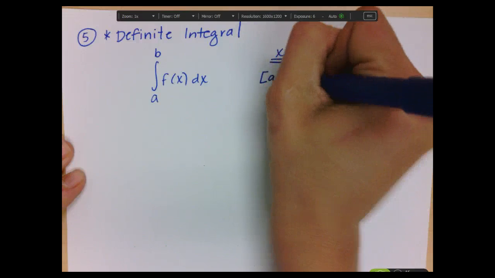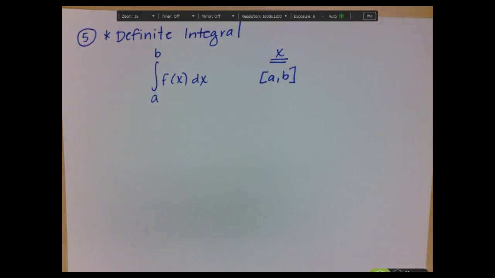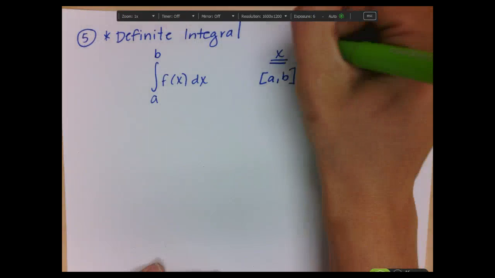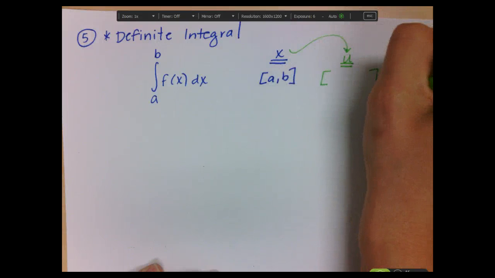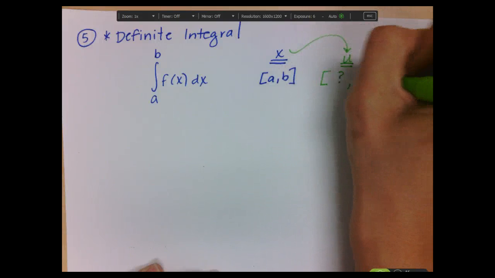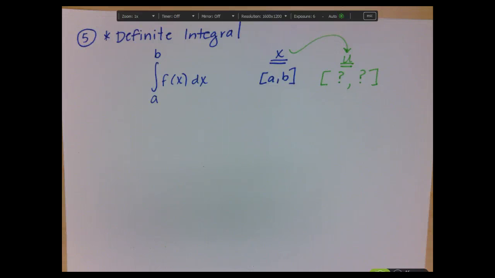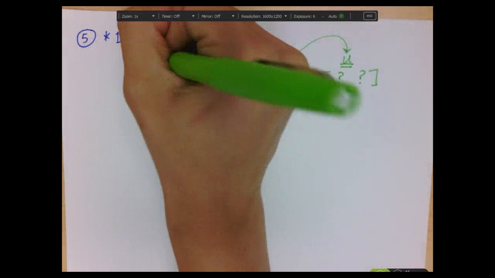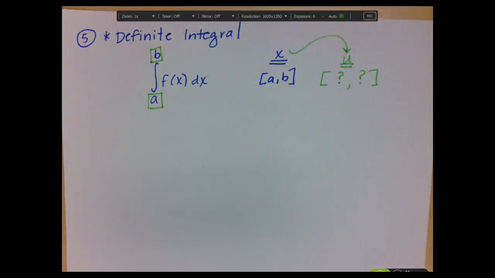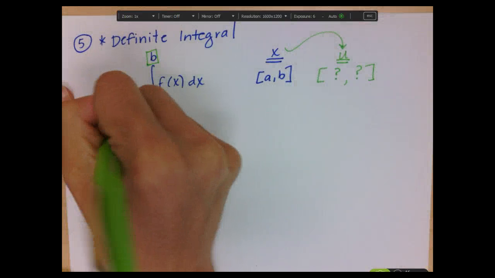So as far as the variable x is concerned, your interval is a to b. Well, if you change that to a u variable, then you change your limits of integration. And so you do need to find your new lower limit and your new upper limit with respect to u.